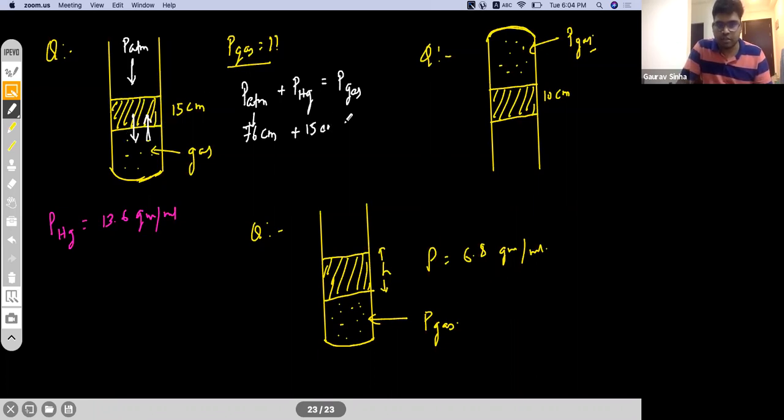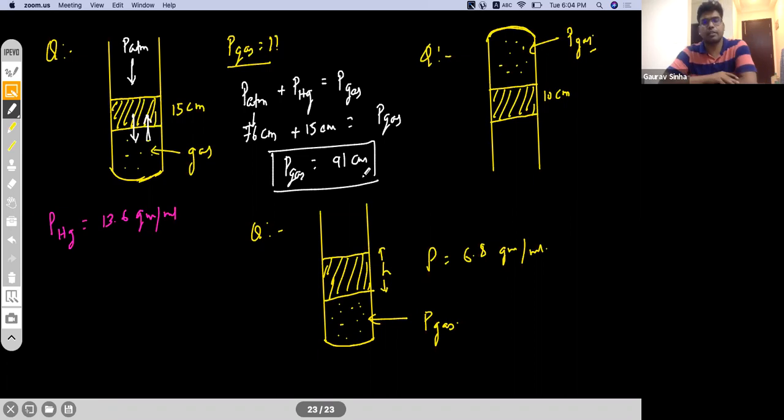So the total pressure equals the pressure of gas. So the pressure of gas equals 91 centimeter of Hg. Tell me, is it clear? Yes.